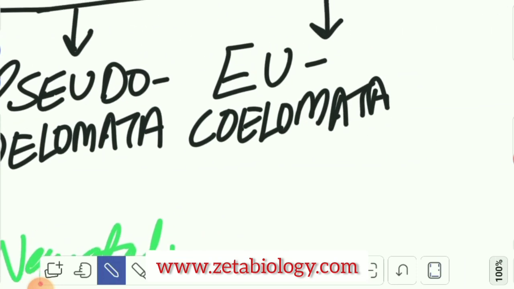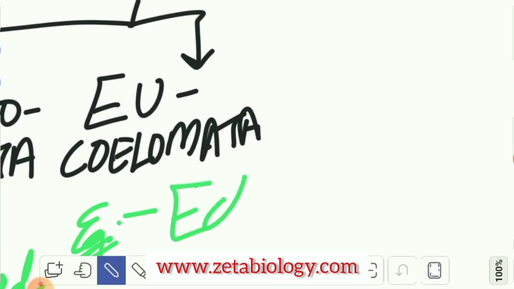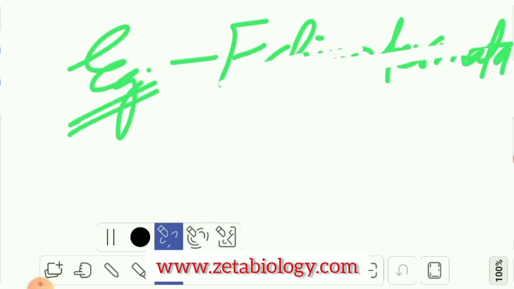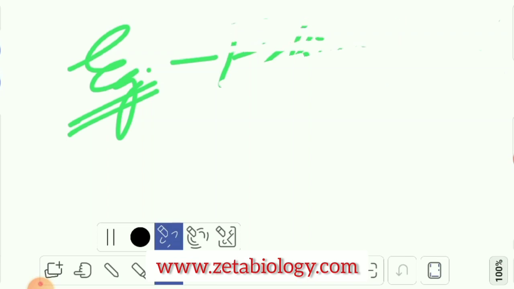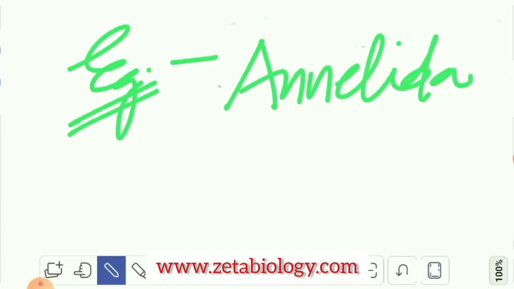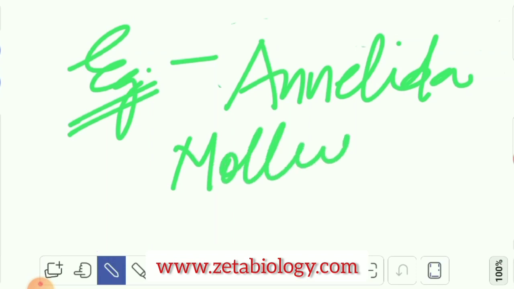And Eucoelomata examples: Echinodermata, Annelida, Mollusca, Arthropoda.